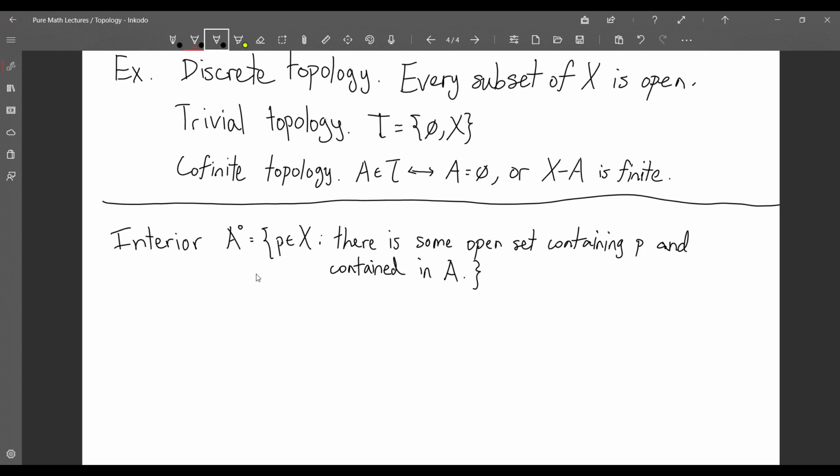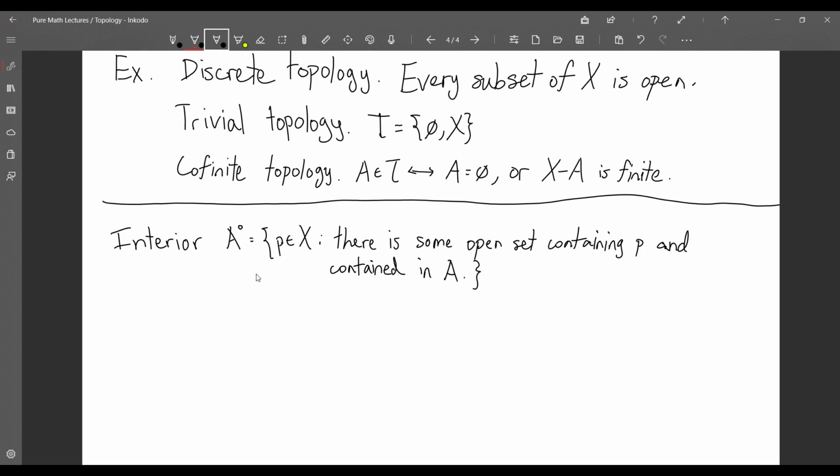So what does this mean, right? The way we've defined it is a subset of X, but clearly this has to be a subset of A, right?